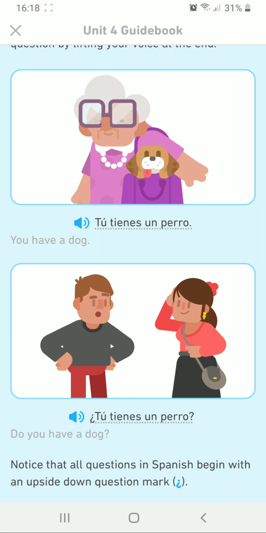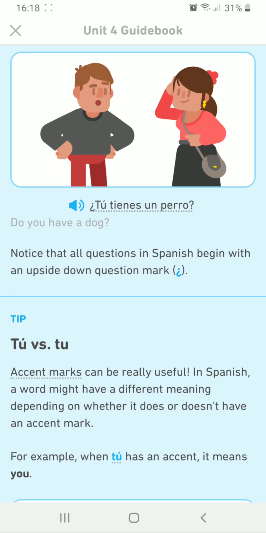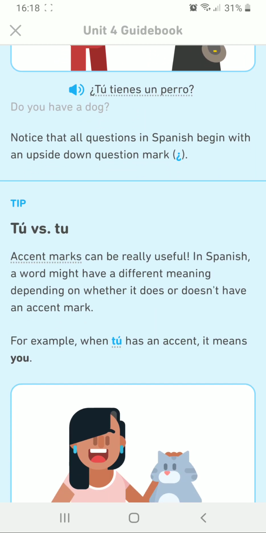That was a question, but you can just say, ¿Tú tienes un perro? That would be the question. Notice that all questions in Spanish begin with an upside down question mark. It goes the same way for exclamation marks. So you have an inverted exclamation mark in that case.